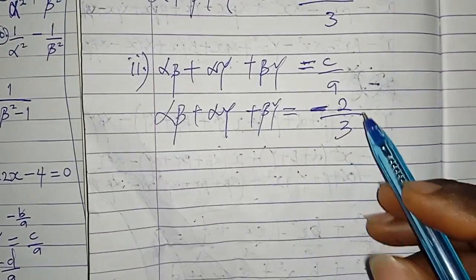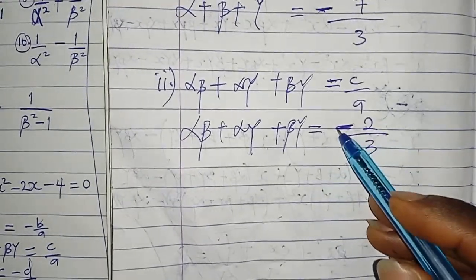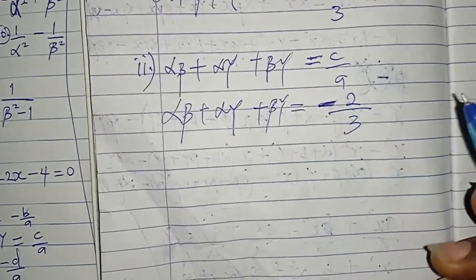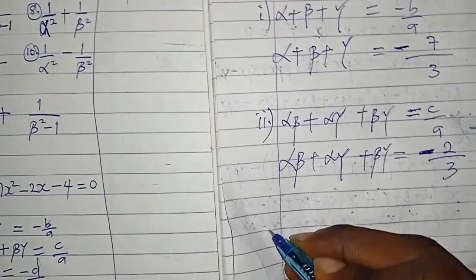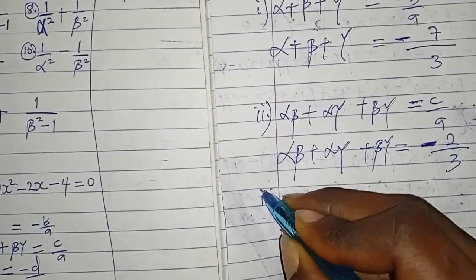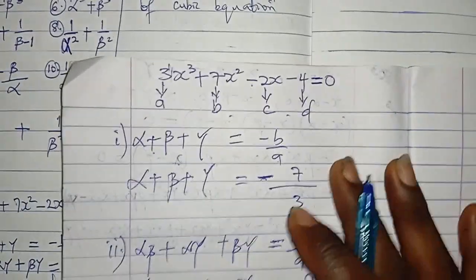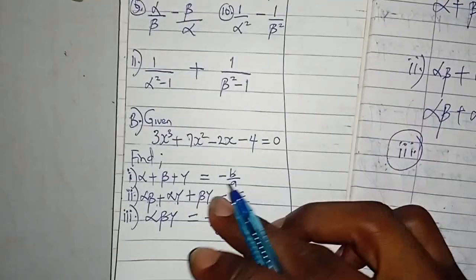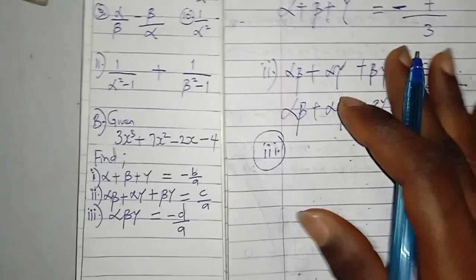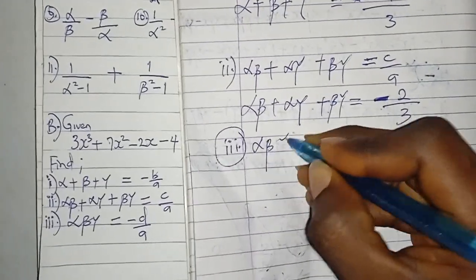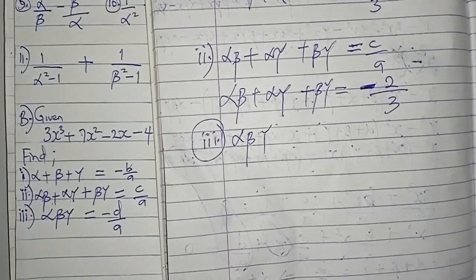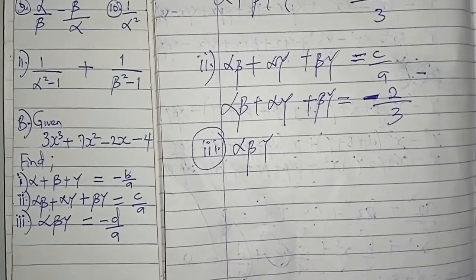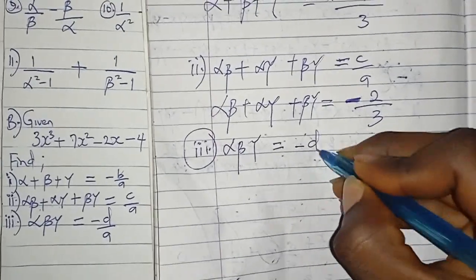So if you like, you can take your own down to maybe decimal points, but I leave my answer the way it is. Once I get a fraction, I leave it like that. So for I, which is this part here, they said alpha beta gamma, the product. We got from solving the whole equation that it is equal to minus d over a.